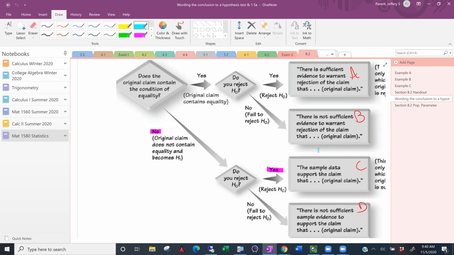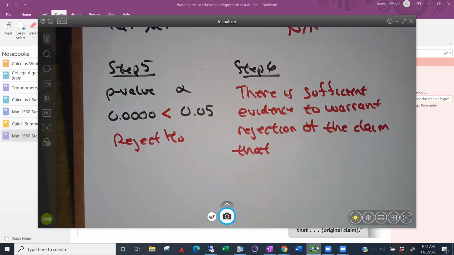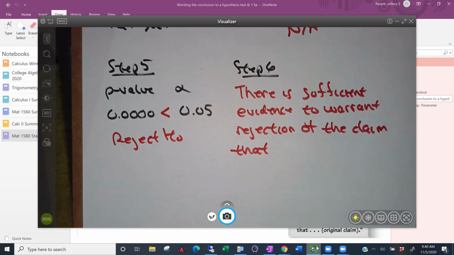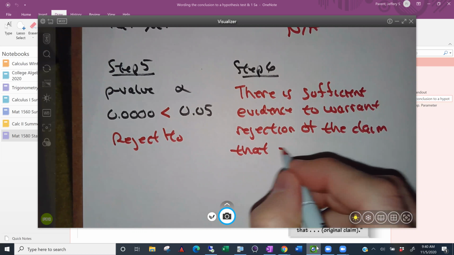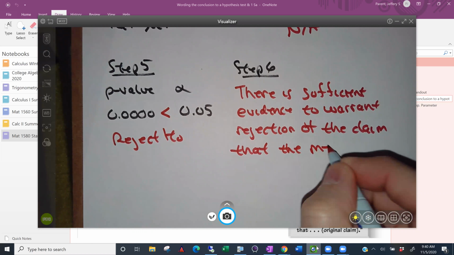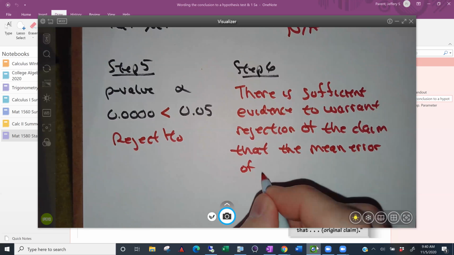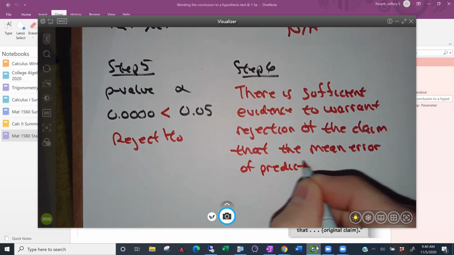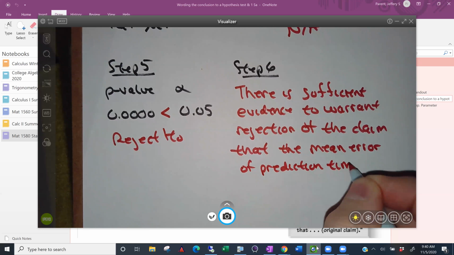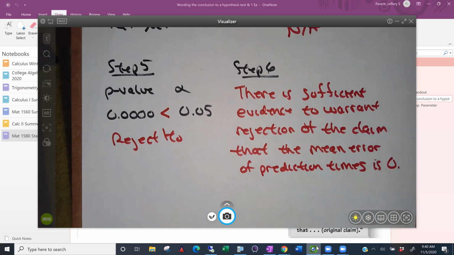So there's sufficient evidence to warrant rejection of the claim that the mean error of prediction times is 0.